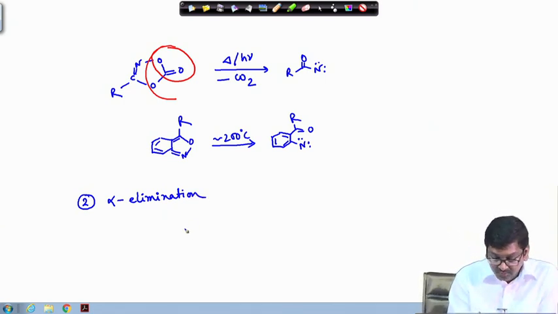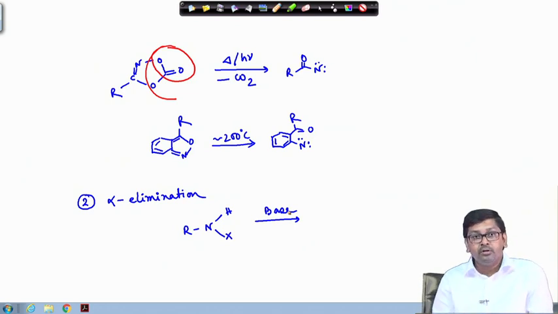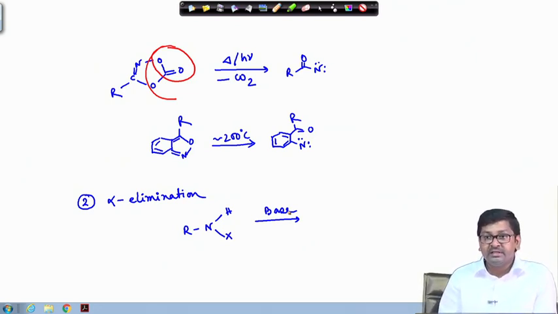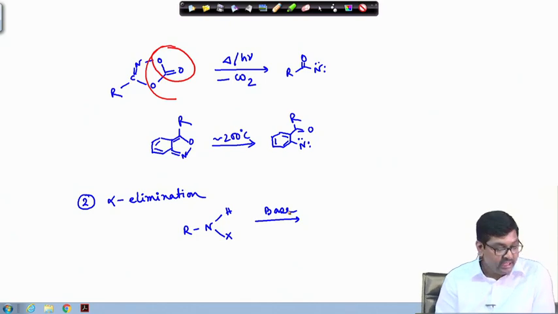Okay. So, if we take this particular substrate and treat it with base, we have seen in the case of carbene also, depending upon the basic strength, that could be used to deprotonate, and then the elimination of that leaving group.